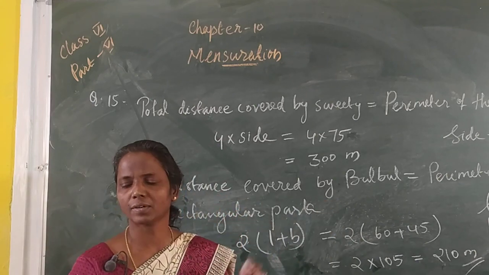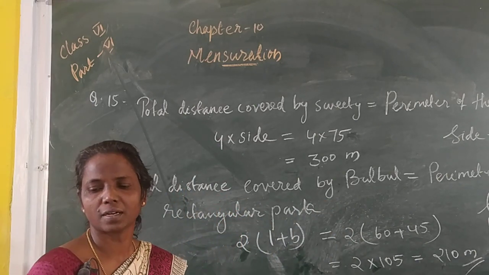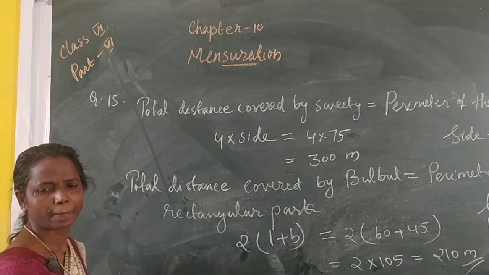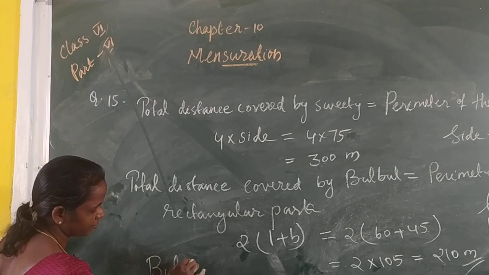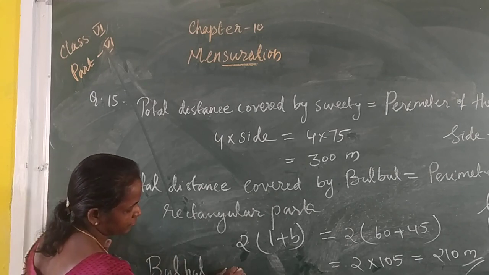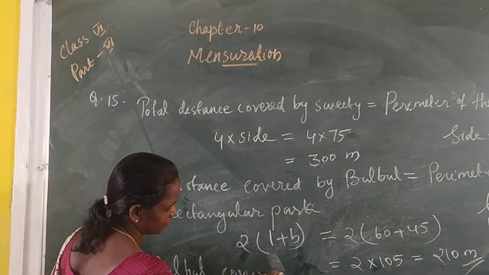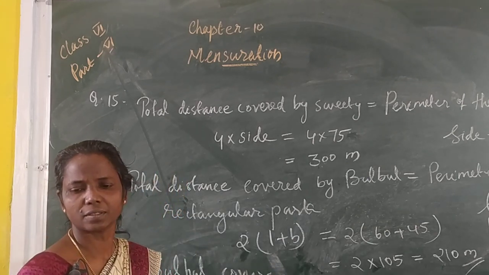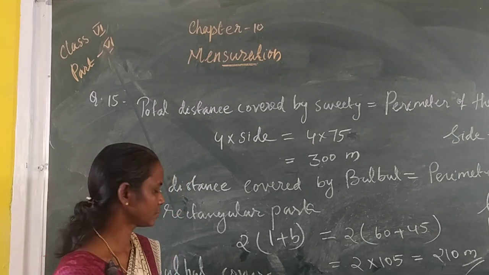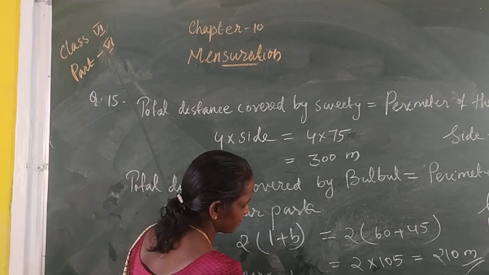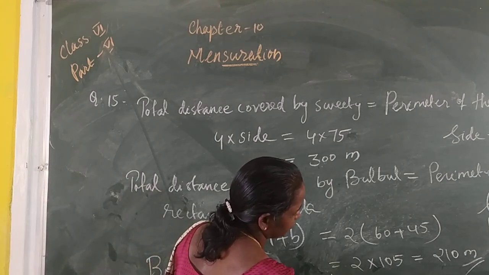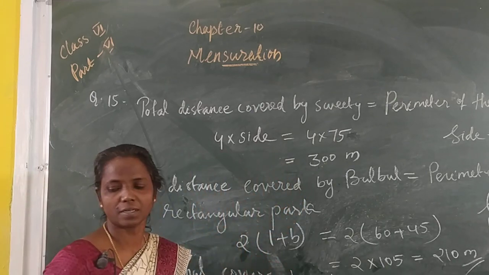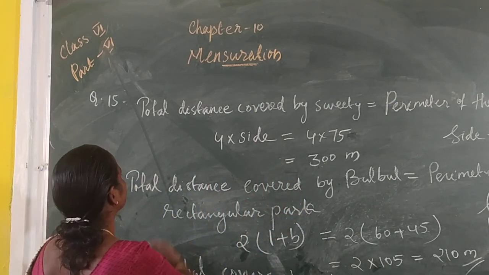So we can write who covered the less distance: Bulbul covers less distance.